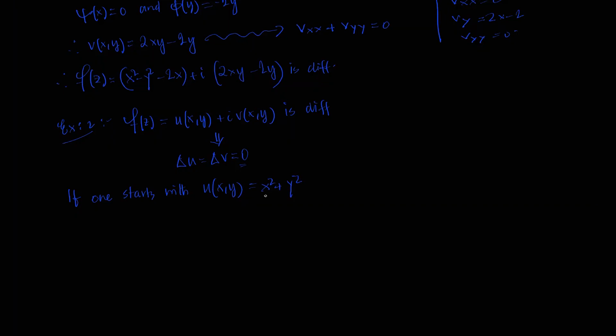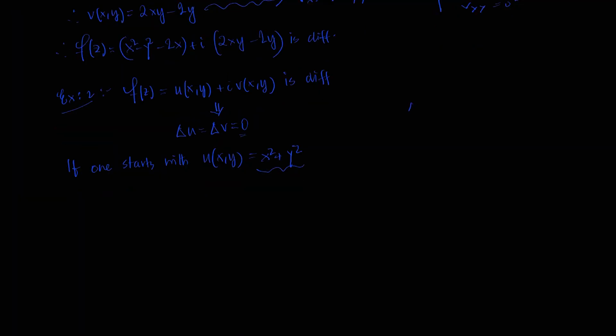So any function whose real part is x square plus y square cannot be differentiable. Very simple. If I ask you to find a function which is not differentiable, other than generic mod z square, mod z, you can always find a function such that the Laplacian of u or of v is not 0, put it in the real or imaginary part, and the same sort of thing works.